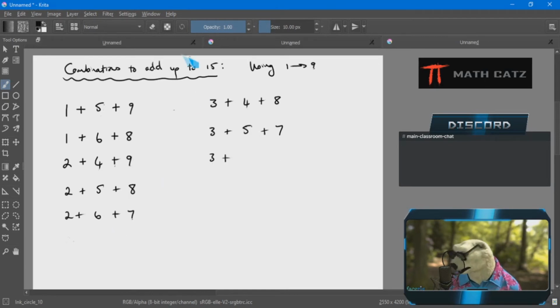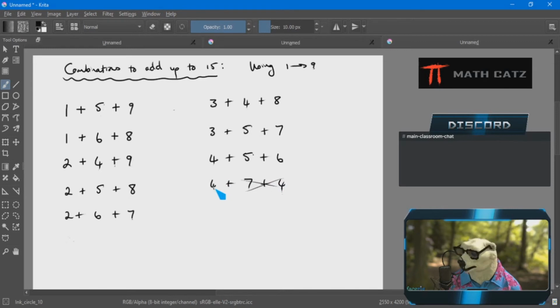Go back here. That means my next one that I need to consider starts with 4. I only go up, so 4 plus 5 is 9. I can finish that with a 6. 4 plus 6 will just get me that one back. 4 plus 7 will be 11, and then I would need a 4.